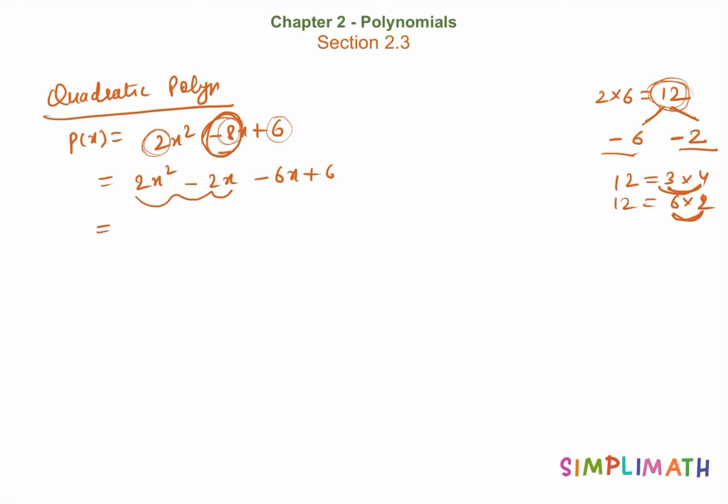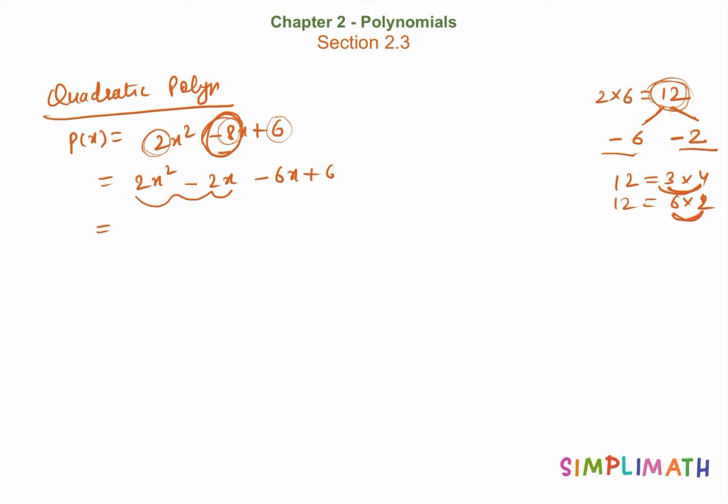Now eventually we had to find the 0 of the polynomial p of x. The 0 comes when p of x equals 0. So what is p of x equal to 0? This product is 0 if either x minus 1 equals 0 or x minus 3 equals 0.